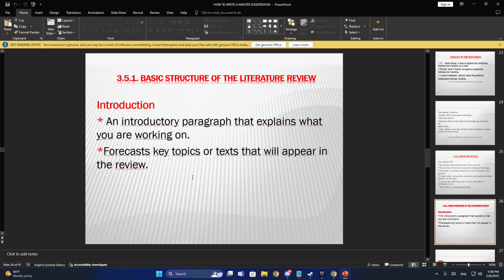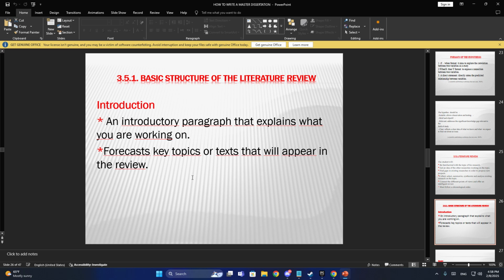So how is a literature review structured? A literature review also must follow a structure. It has an introduction, a body where I develop the ideas, and also a conclusion.